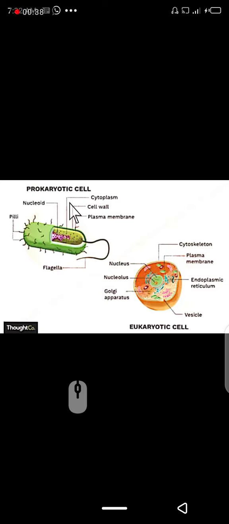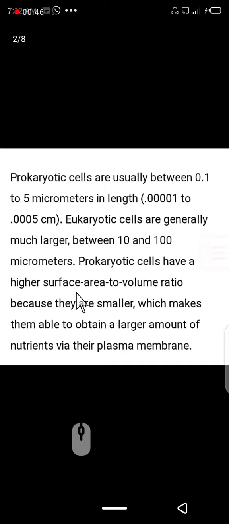So a prokaryotic cell is this one, and a eukaryotic cell is this one. Prokaryotic cells are usually between 0.1 and 5 micrometers, so they are small, and eukaryotes are generally larger at 10 to 100 micrometers.